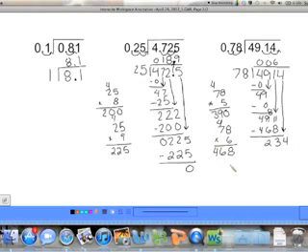So maybe let's just try 78 times 3. 8 times 3 is 24. 7 times 3 is 21, 22, 23. Oh, perfect. It works out exactly. 78 fits into 234 3 times. And when you subtract, you get 0.